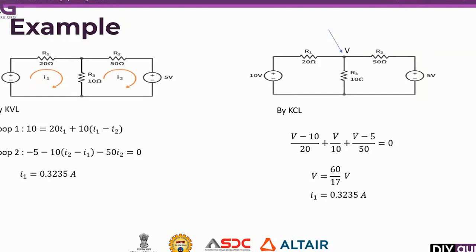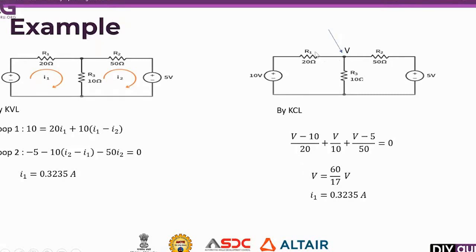As at this point we don't know the voltage, let us consider the voltage V. Now apply the KCL here. What is the current coming into this node? Let us consider the current coming is (V minus 10) by 20, because the current is voltage by resistance.